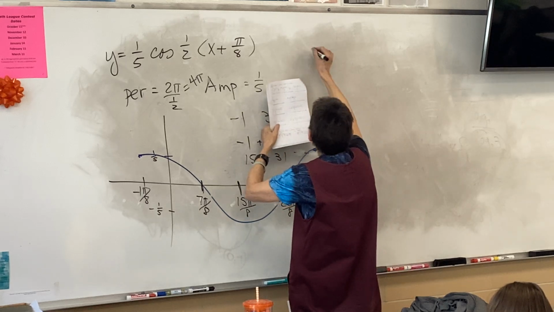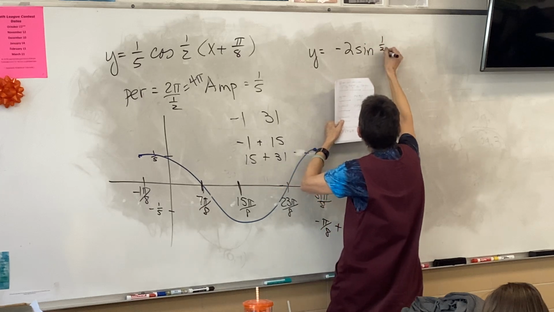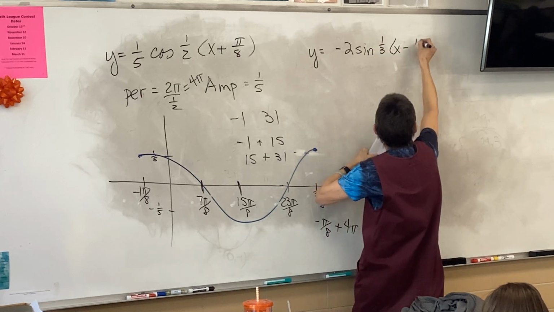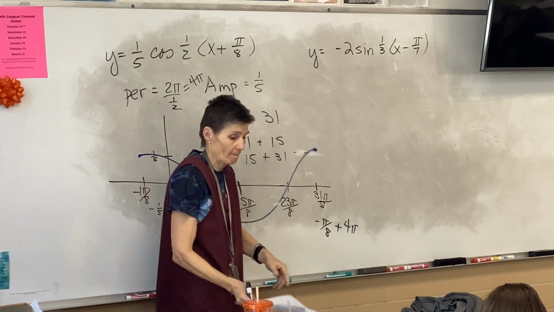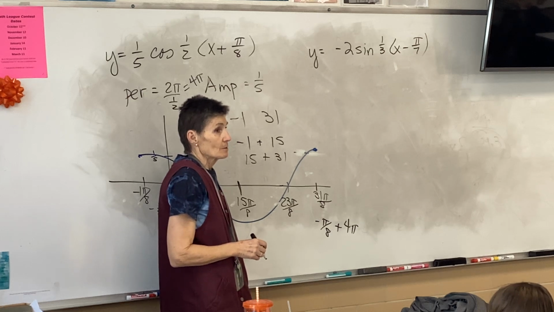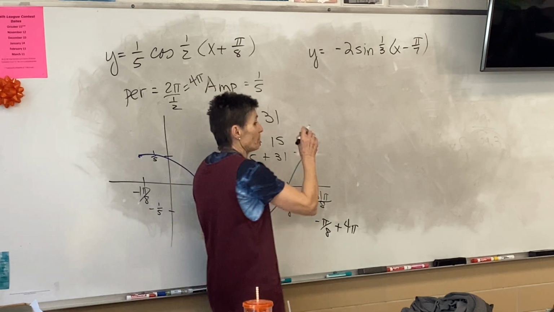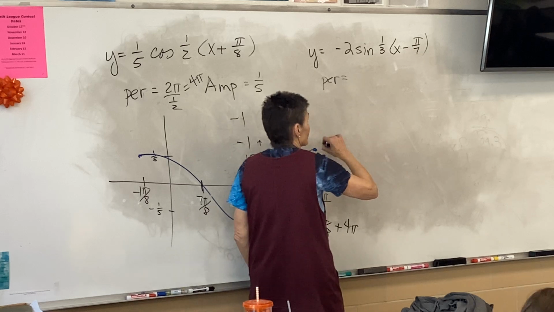What is it? y equals negative 2 sine of 1/3 x minus pi over 7. So let's start with period and amplitude. What's my period going to be?